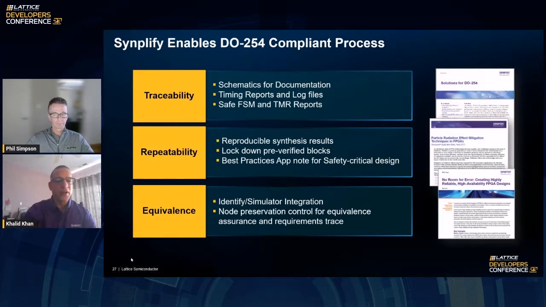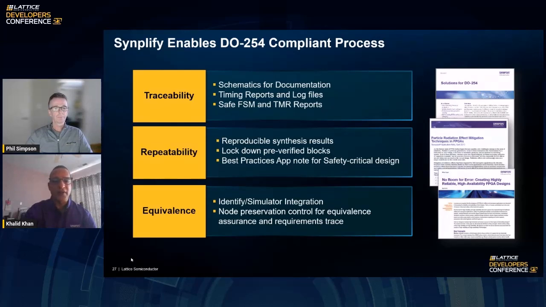Per DO-254 guidelines, Simplify provides results that are traceable, repeatable, and equivalent. We can trace synthesized design results via netlist schematic, timing reports, and log files, and for safe FSM and TMR implementation via the high reliability report. Results are repeatable by reproducing synthesis results with the same project option and constraint settings.